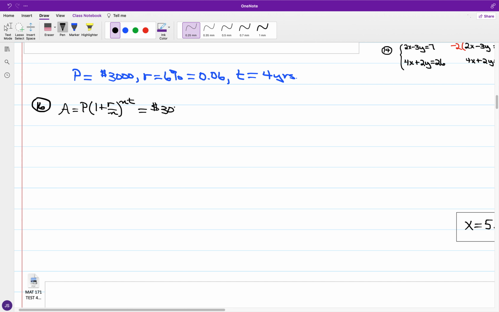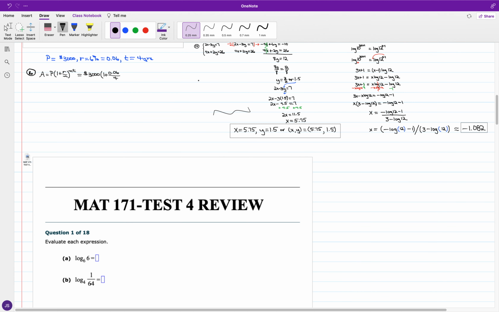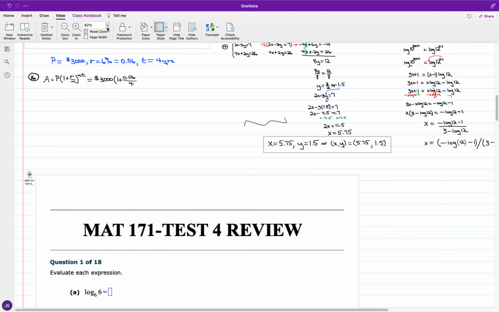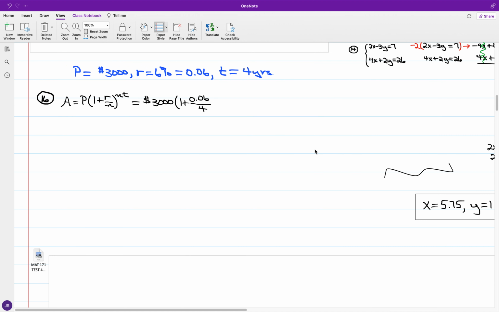For P we have $3,000, times 1 plus R over N. R we have at 0.06, N is at 4. And for N times T, I have 4 times 6.